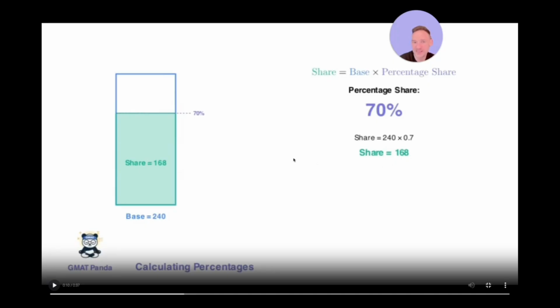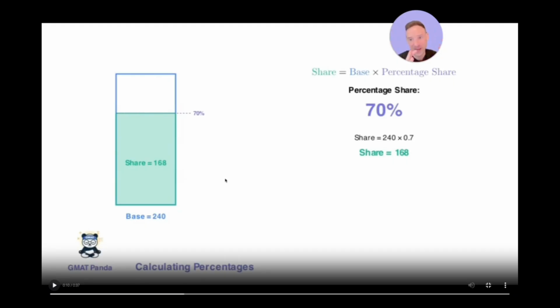So that is the share, so that's the actual number of people that we end up with once we've taken 70% of the base. So another way of thinking about this is the base is the whole thing, what you're splitting.